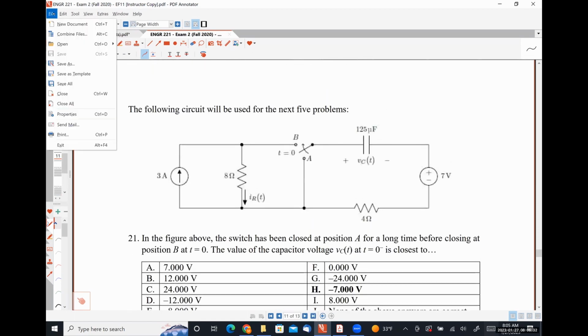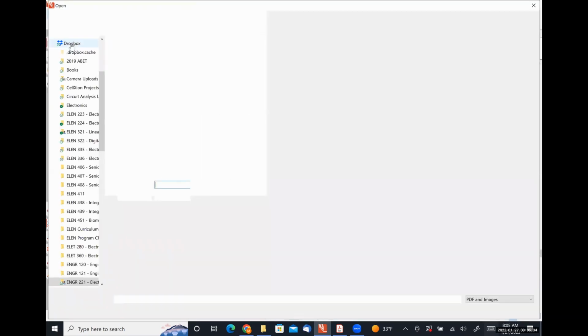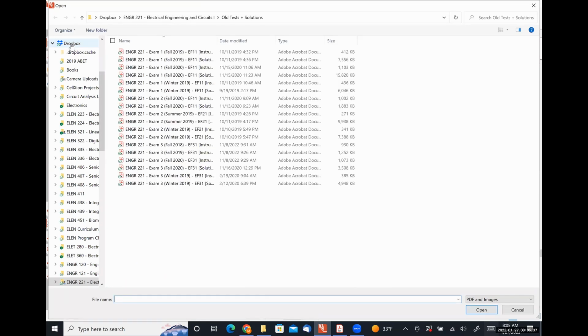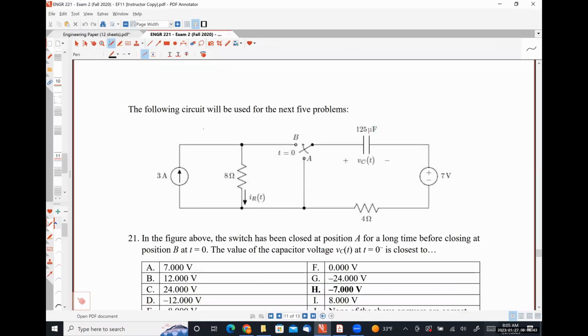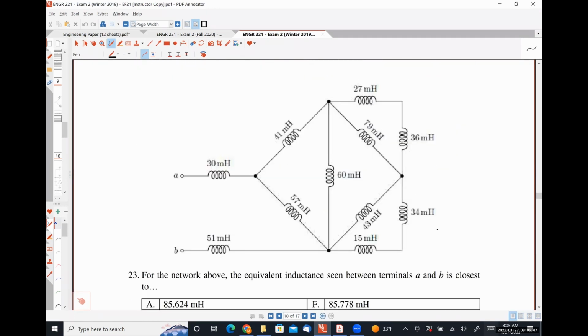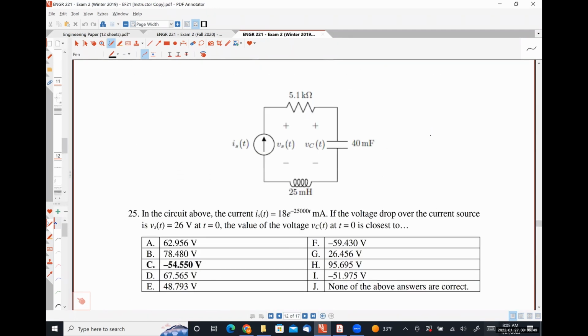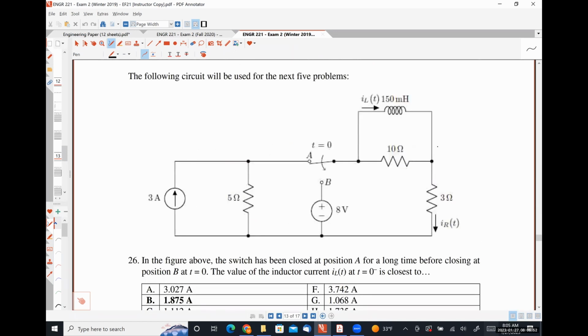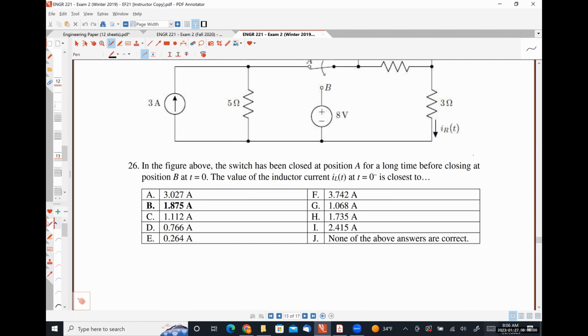Let's open up one of the other tests. Let's see, exam 2, winter 2019. Sure. That also looks very familiar.